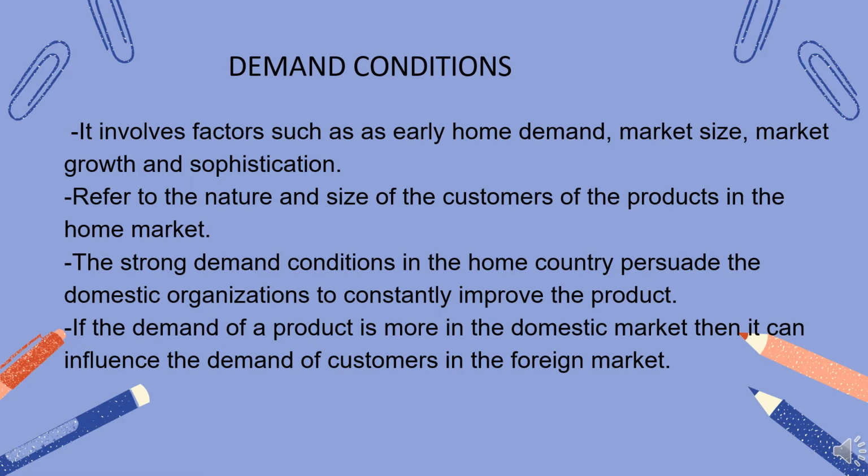For example, take Germany. There is strong and intense home demand for German cars. Consumers will expect better and better cars. On some autobahns there is no speed limit.